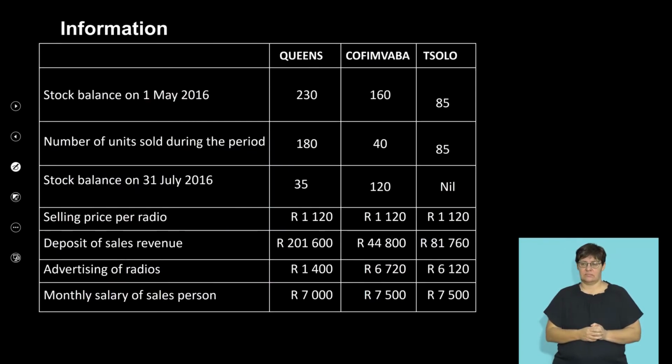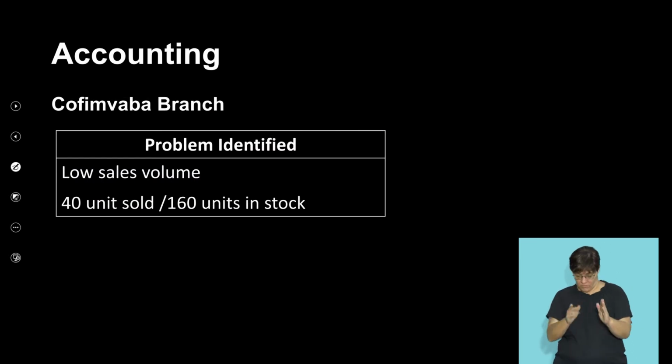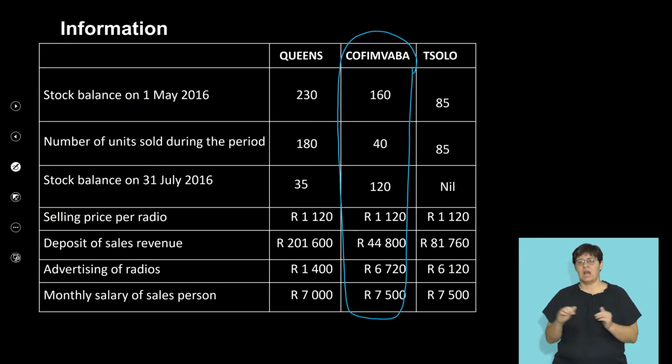The next branch we're looking at now, obviously, is the Kofivamba branch, and this is where our emphasis is now. And if we look at this one here, let's look at the first challenge that we have here. If you look at your sales, right? 44,800.